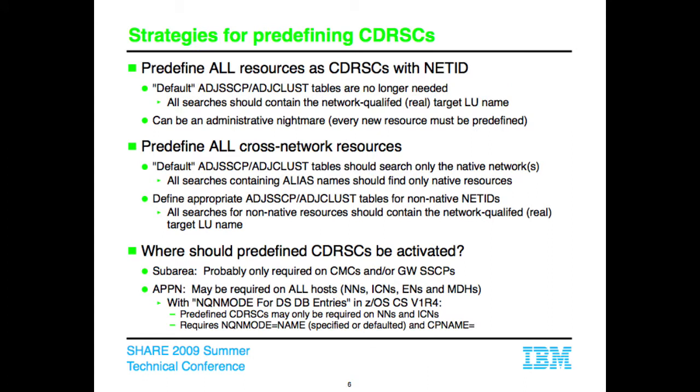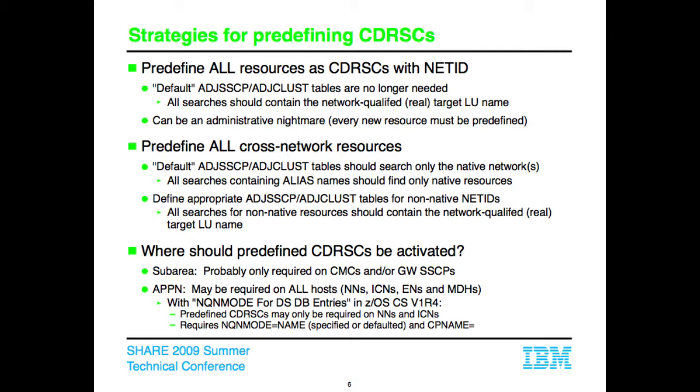So the second way that we talked about for translating alias names to real names is by predefining cross-domain resources. I talk here on this chart about strategies that customers might use for predefining cross-domain resources. The obvious method is that you predefine every resource in the network as a cross-domain resource with a net ID.